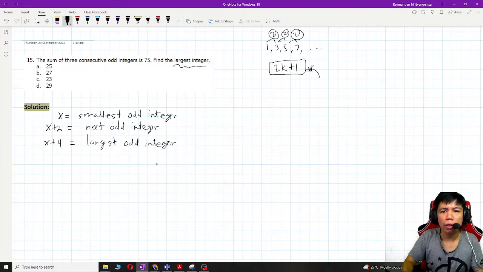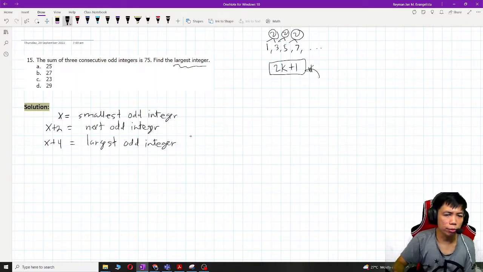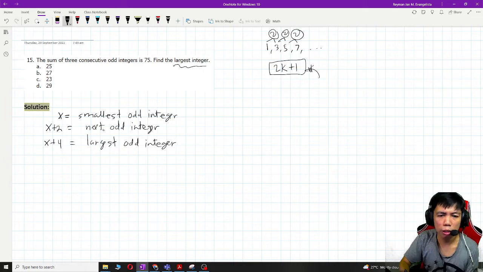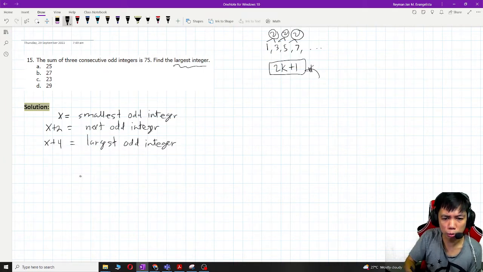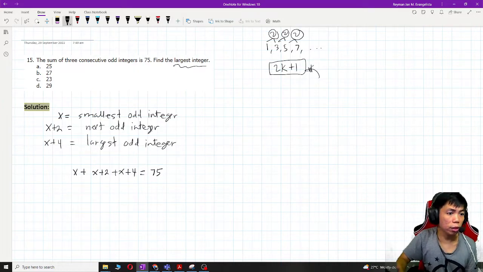Now yung sum na lang tatlo must be 75. So you just have to add these three expressions now. The smallest plus the next integer na x plus 2, and then the largest na x plus 4. So the sum must be 75. Then solve for x now.